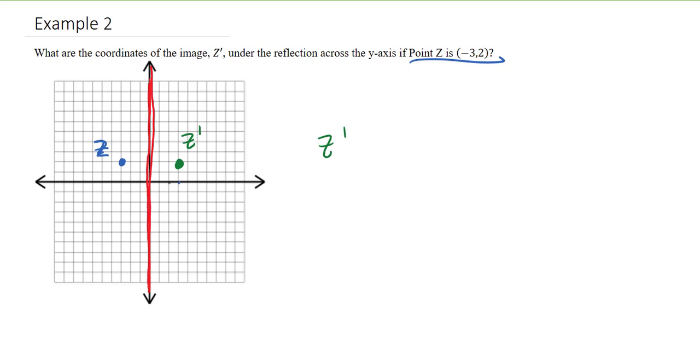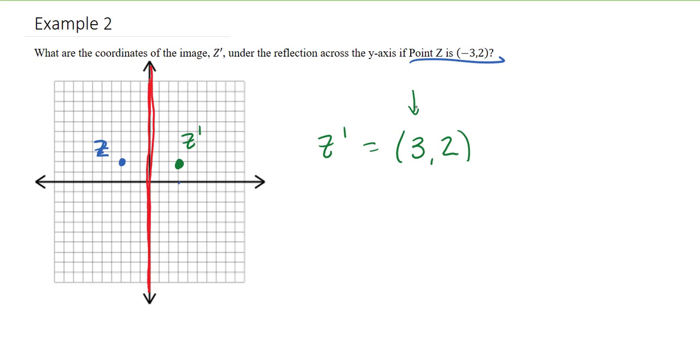So 1, 2, 3: it's positive 3, and then up 2. Notice, once again, when we cross the y-axis, we just changed our x value from either positive to negative or negative to positive.